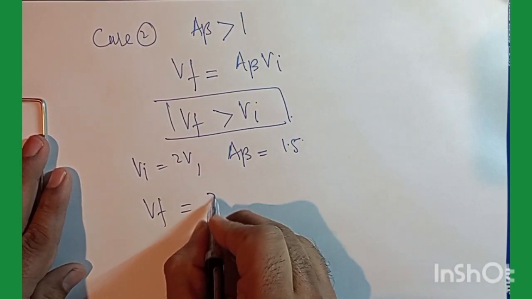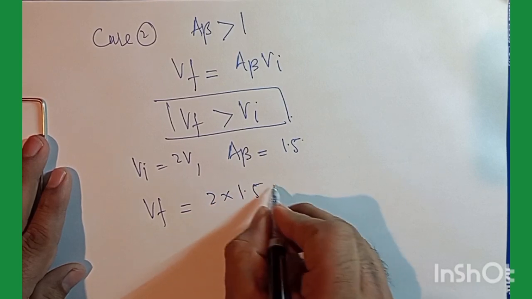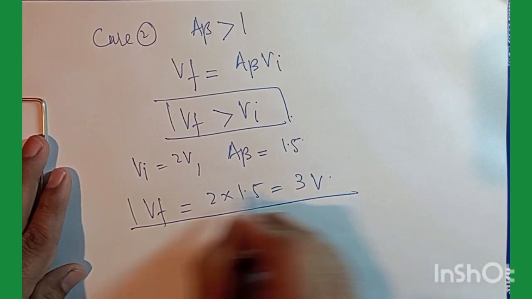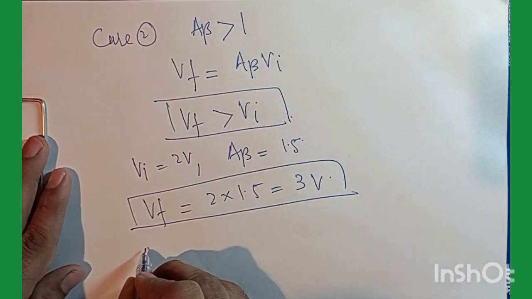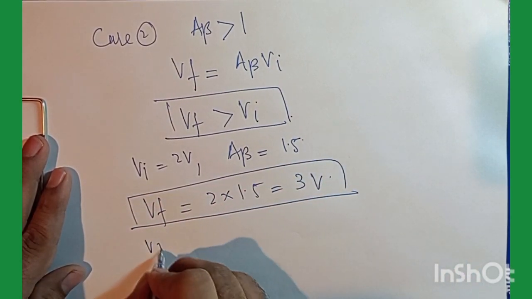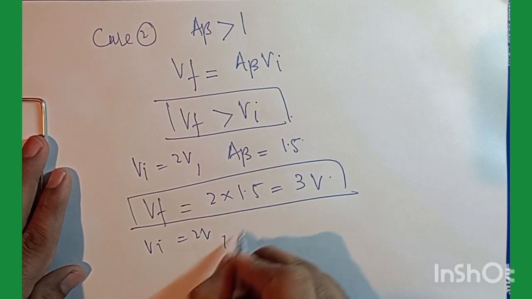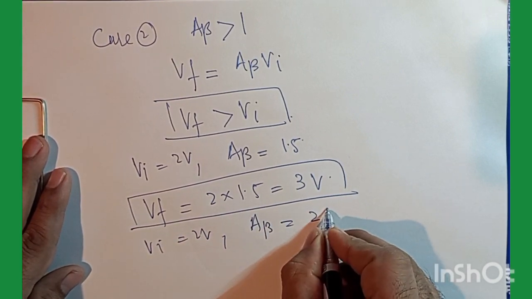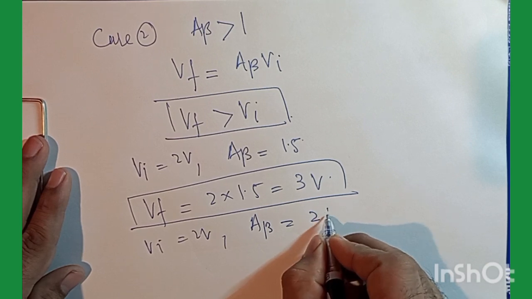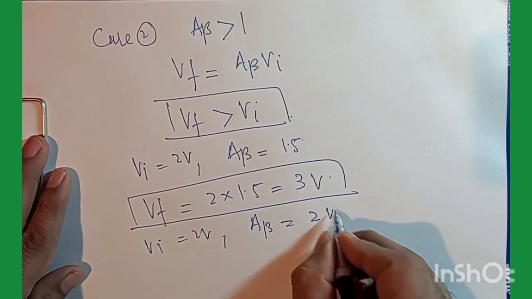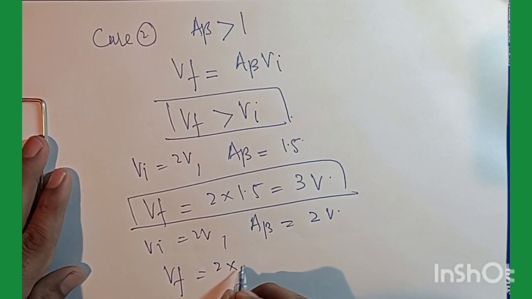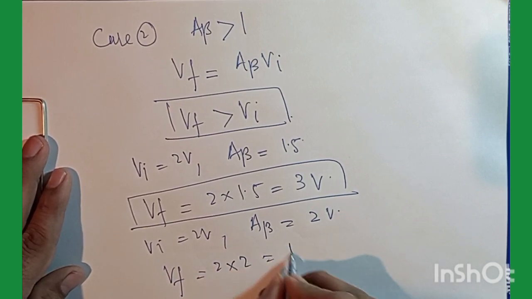VF will be 2 times 1.5, and that will be 3 volts, right? So we can repeat it for another term. VI is 2 volts, and A beta is, say, for example, 2. So what will be VF in that case? It will be 4 volts.